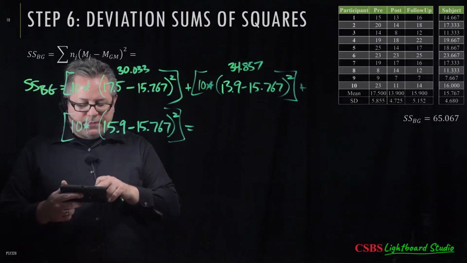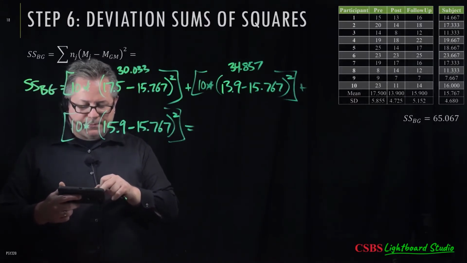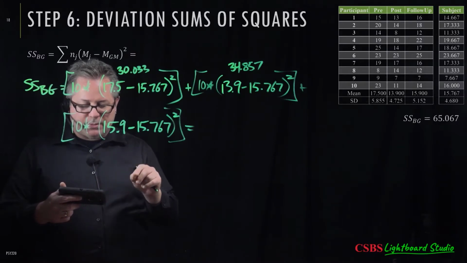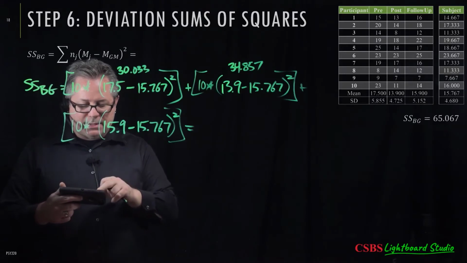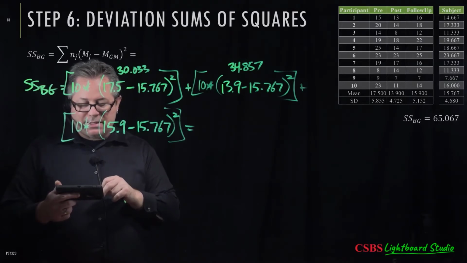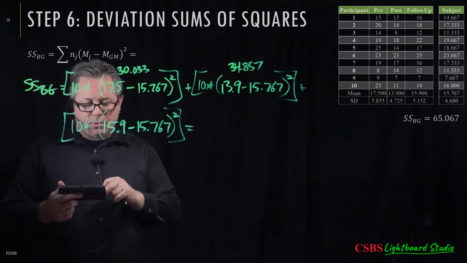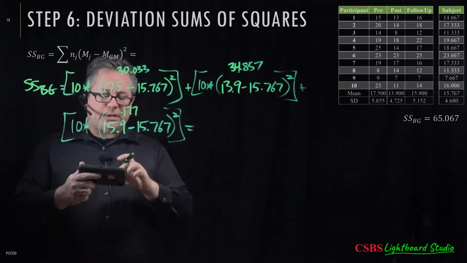So we got 15.9 minus 15.767 equals 0.133 squared is 0.018 times 10 equals 0.177. Yeah, so this is 0.177.